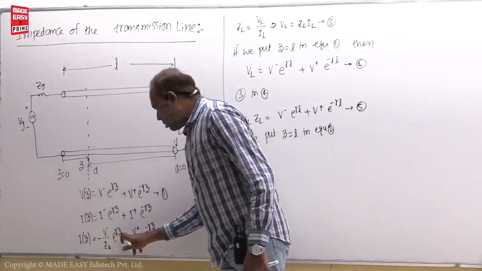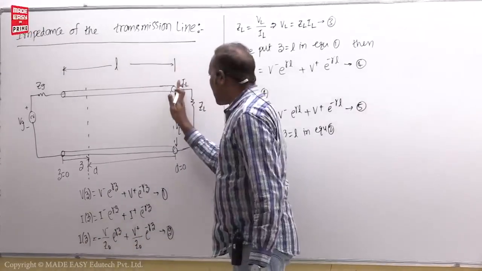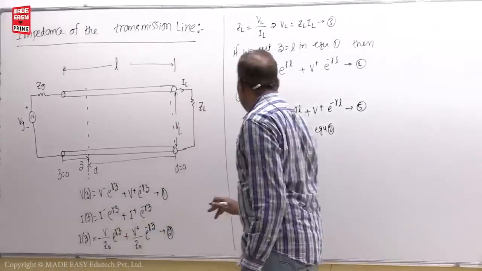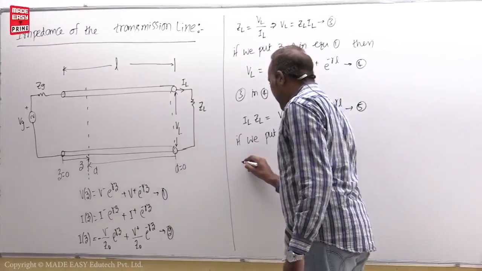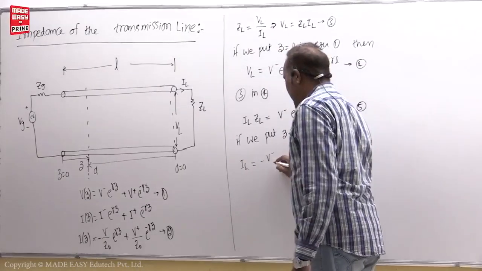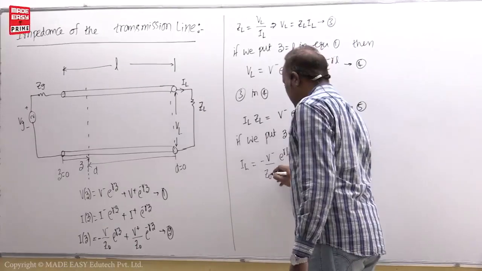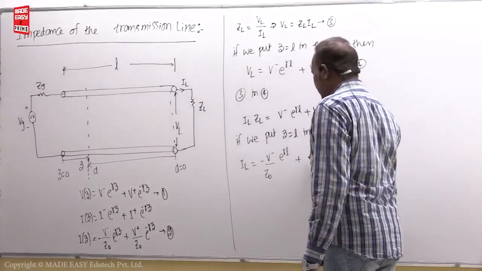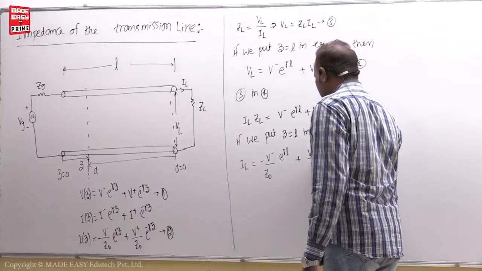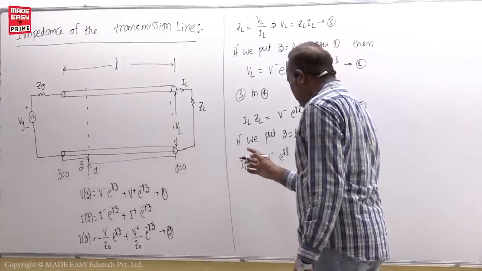So I_L is equal to minus V minus e^(gamma L) divided by Z0 plus V plus divided by Z0 e^(minus gamma L).